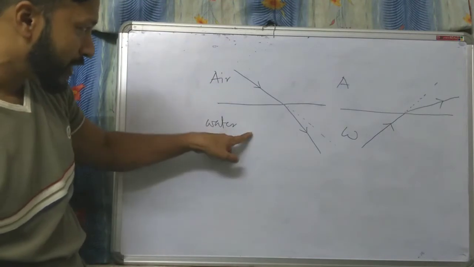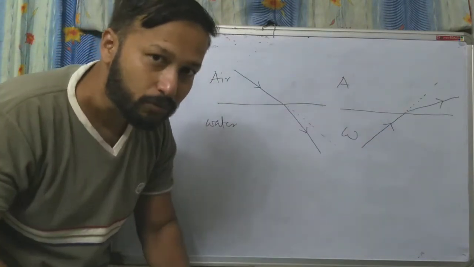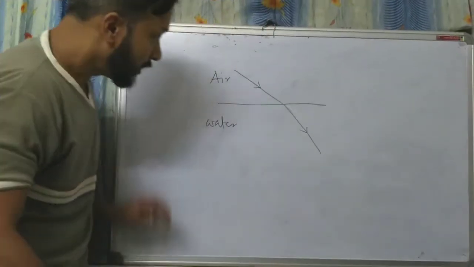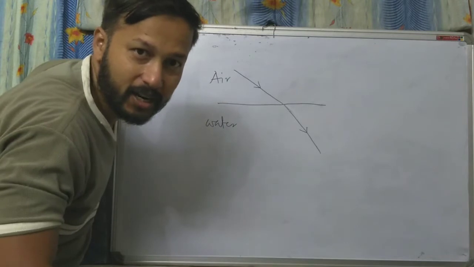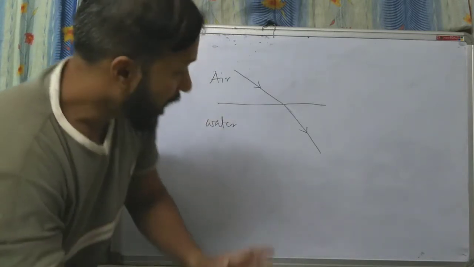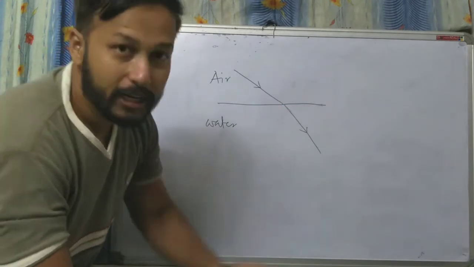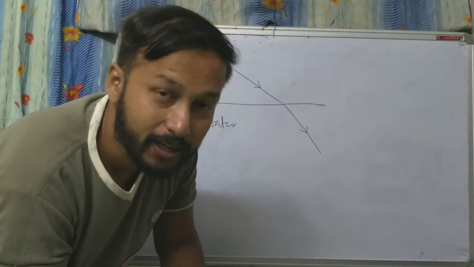So air to water and water to air, light behaves in this way. Now this ray is called incident ray. Understood? I repeat. Incident ray. And this ray is called refracted ray. I repeat. Refracted ray.